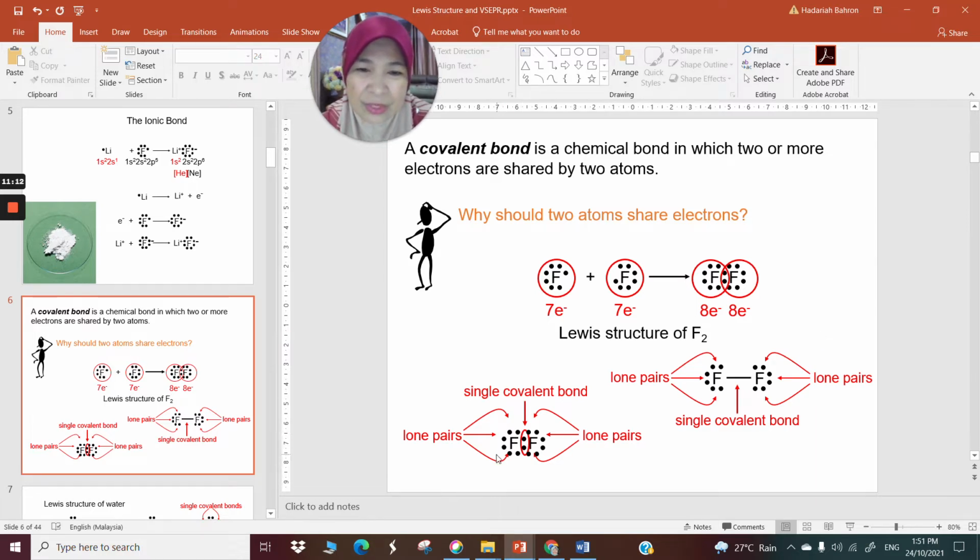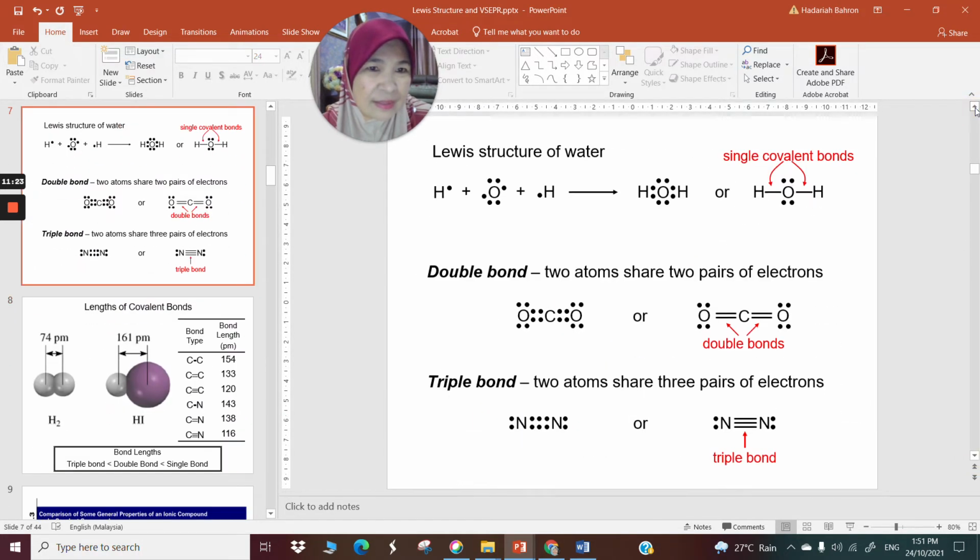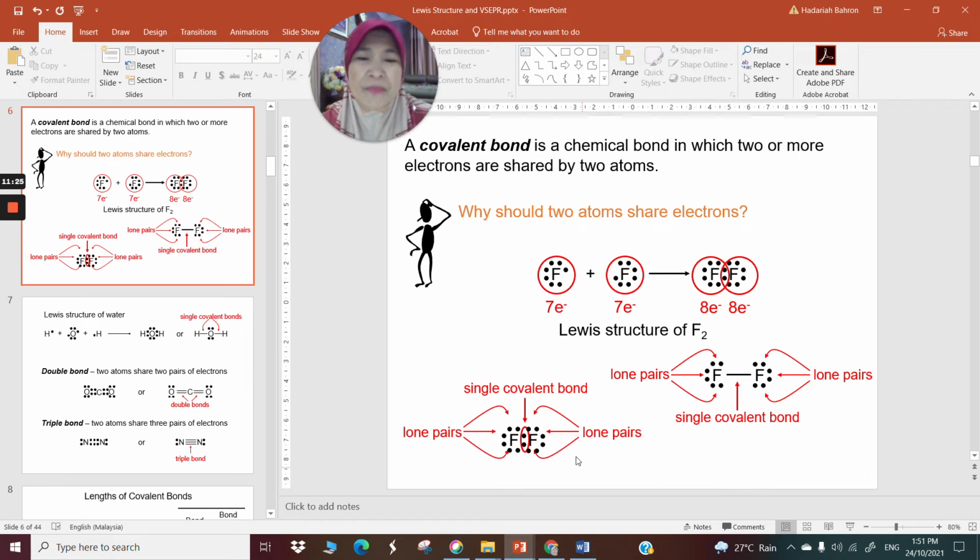Now, how is this represented? The 2 electrons in the middle that are being shared by the 2 fluorine atoms make one single covalent bond.